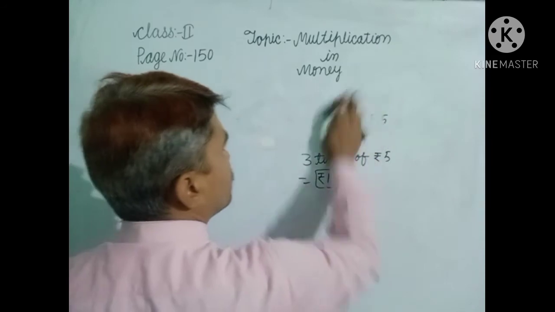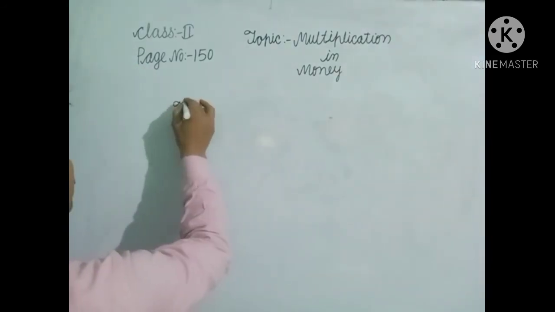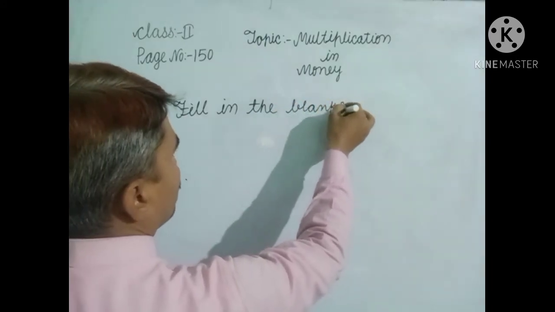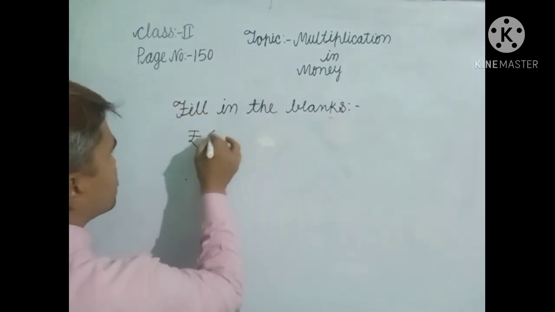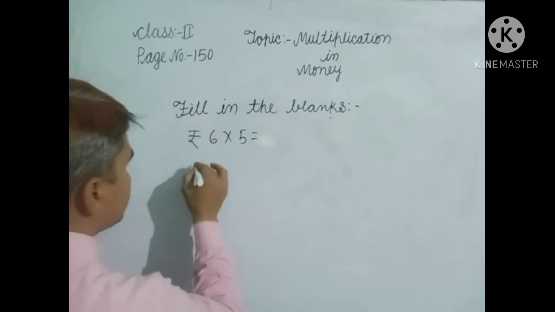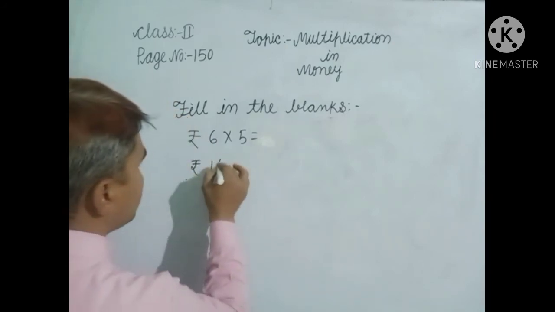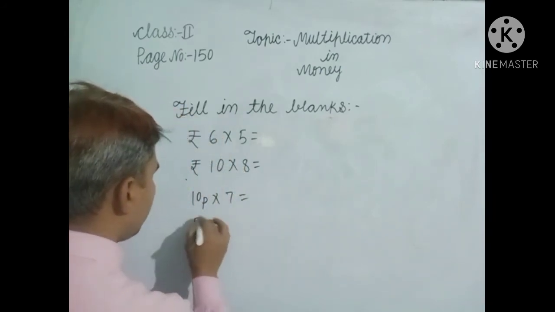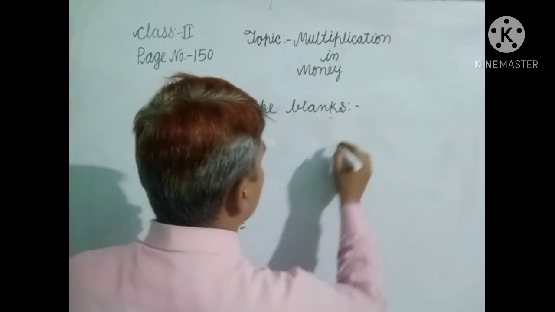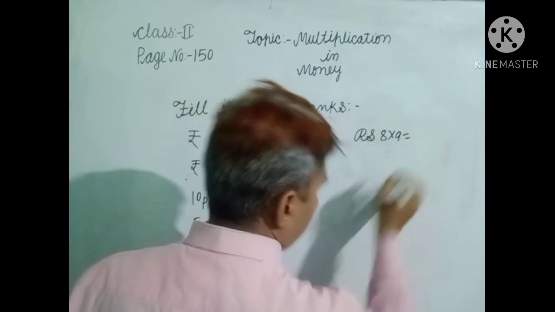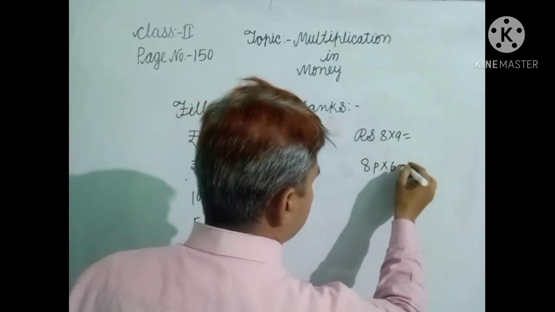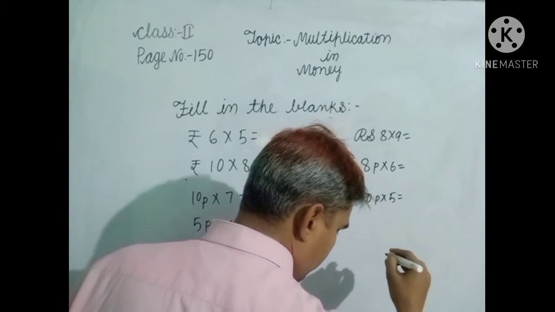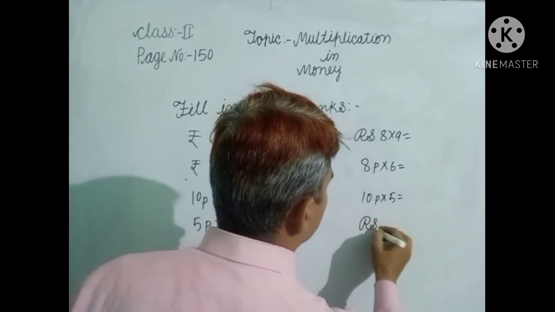Some questions are in front of you. Dear students, here: rupees 6 multiplied by 5, rupees 10 multiplied by 8, 10 paise multiplied by 7, 5 paise multiplied by 4, and now rupees 8 multiplied by 9, 8 paise multiplied by 6, 10 paise multiplied by 5, and rupees 6 multiplied by 8.